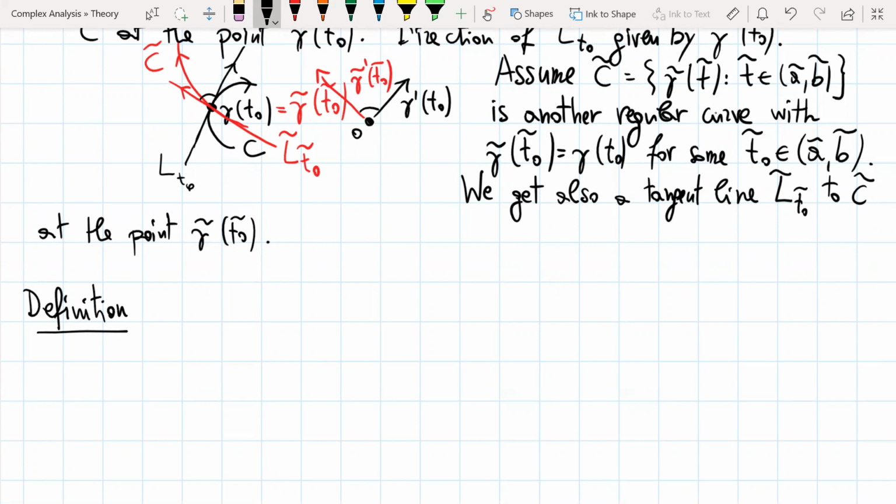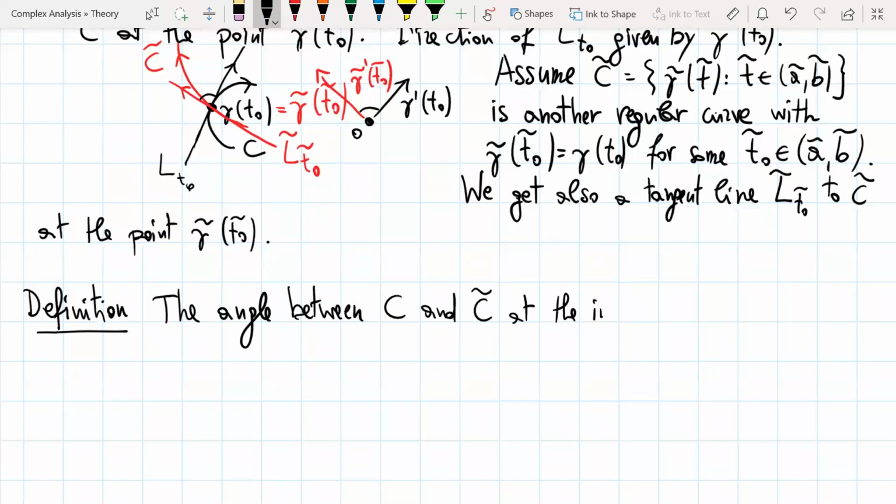The angle between C and C tilde at the intersection point, let's call it c, so this is gamma(t0) equal to gamma tilde(t0 tilde), is by definition the angle between the two tangent vectors.